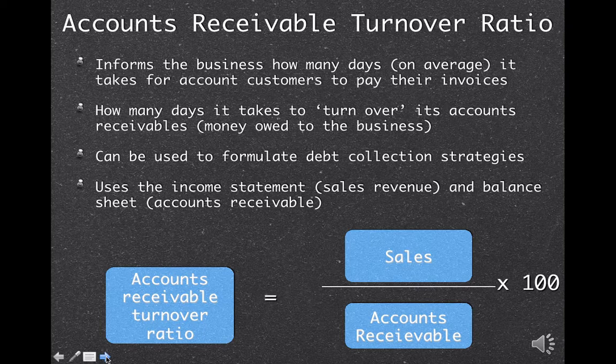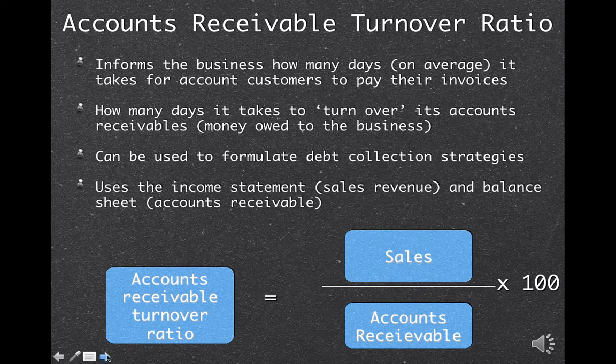It can be used for debt collection strategies to know whether the money that is owed to you is being received quickly enough, whether you have an efficient financial management collection system. It uses two statements. You need the income statement for sales revenue, and then you need the balance sheet for your accounts receivable. So the formula is accounts receivable turnover ratio equals sales divided by accounts receivable times 100.